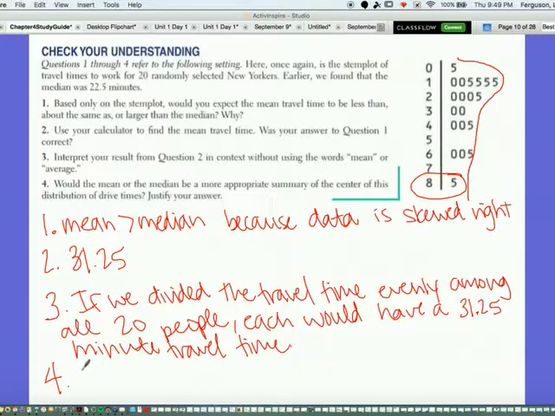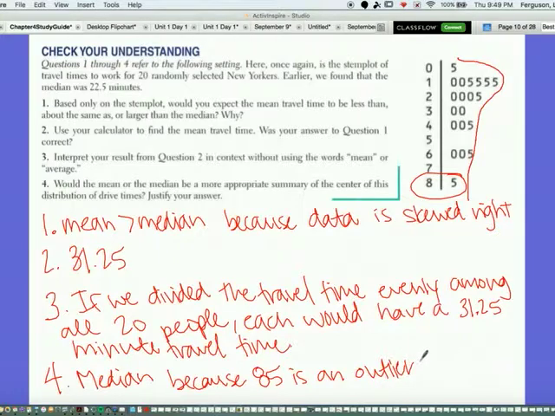So because 85 is an outlier, we would use median as a measurement of center for this one. And so you might want to include something about the data being skewed right.